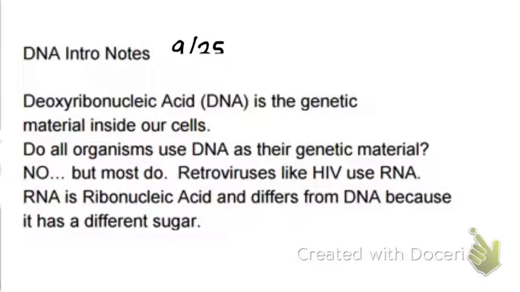RNA is ribonucleic acid, and it differs from DNA simply because it has a different sugar, and the sugar is almost indistinguishable from DNA. It's just missing one oxygen. Ribonucleic acid has the full complement of oxygens. Deoxy means an oxygen has been removed from that ribonucleic acid. So really similar, not quite the same.